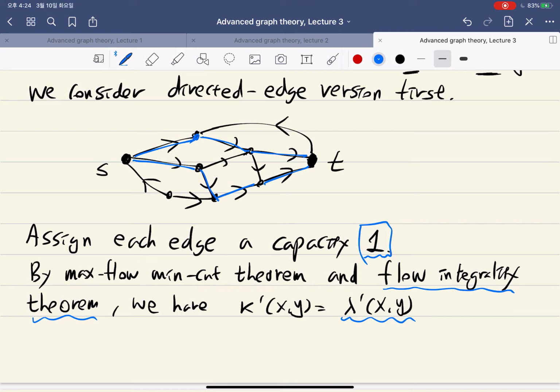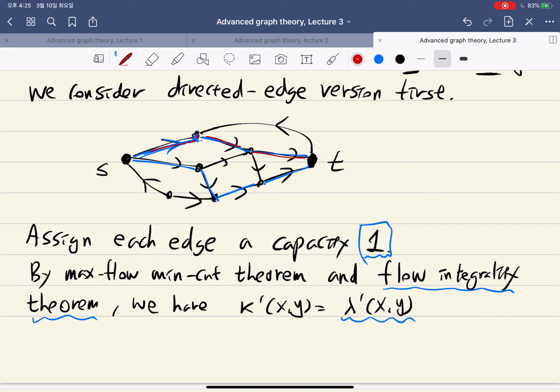Then for each vertex, if one incoming edge is colored, then one outgoing edge must also be colored.